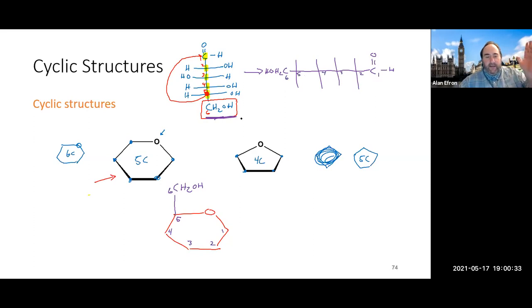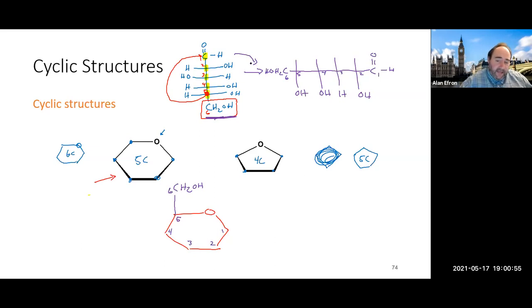I just took the thing and dropped it down. When I look at that, everybody that's on the right-hand side will end up down. So on the right-hand side, I have an OH, an H, an OH, and an OH. So as this thing is dropping down, everything on the right will end up down.